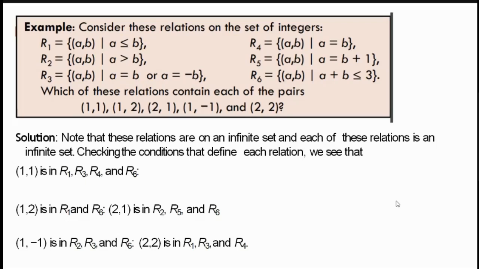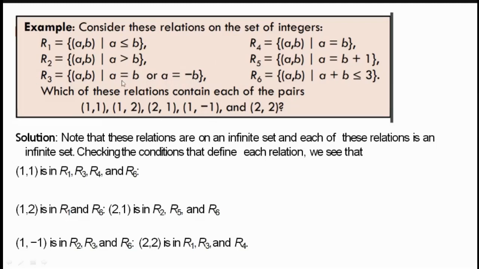R3 is equal to (A, B) whether A is equal to B or A is equal to minus B. R4 is equal to (A, B) only if A is equal to B. Here 2 cases are there in R3: A is equal to B, or A is equal to minus B. In such cases also this R3 will hold.